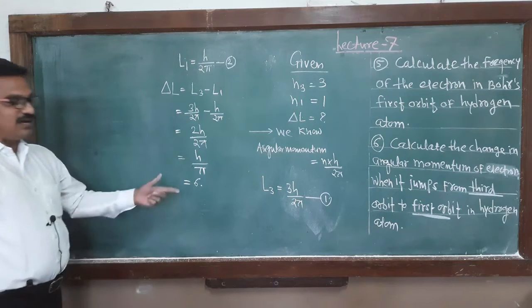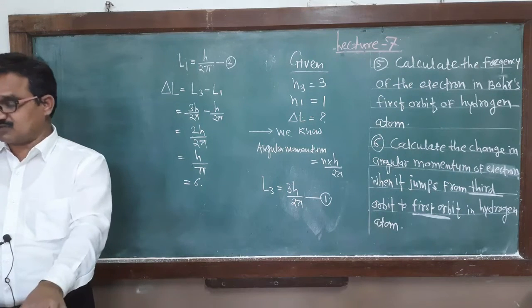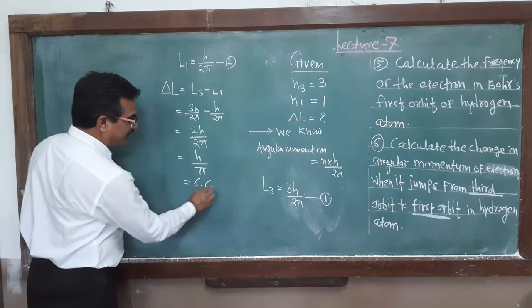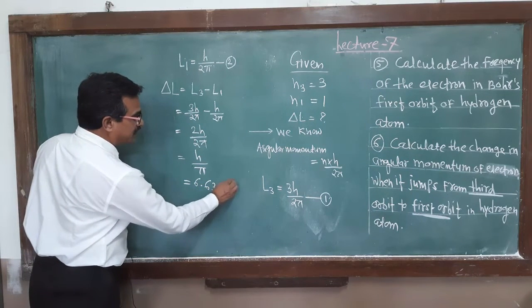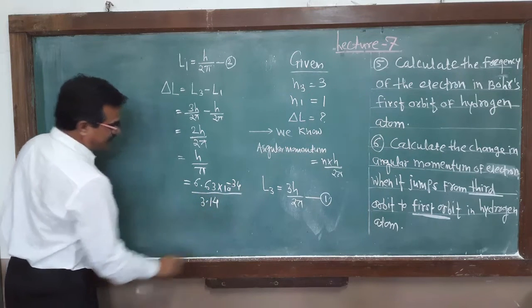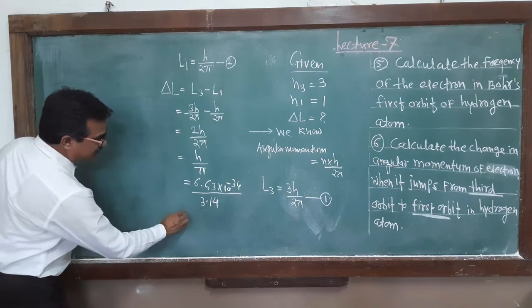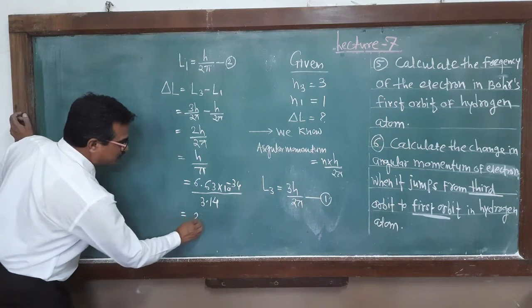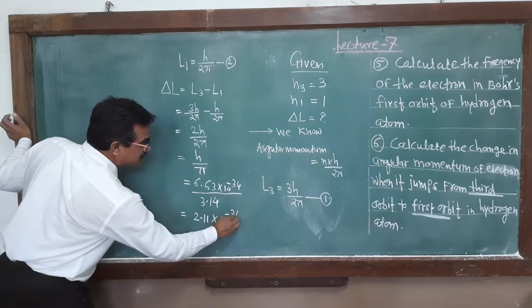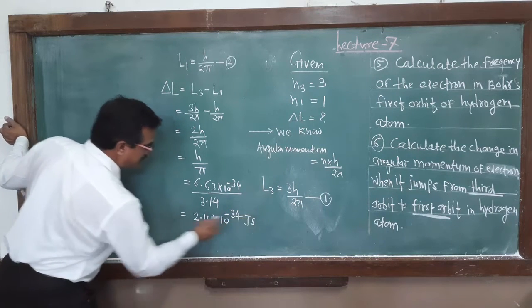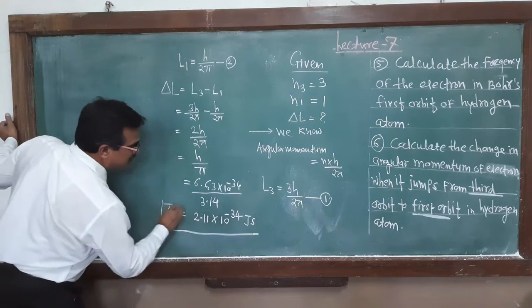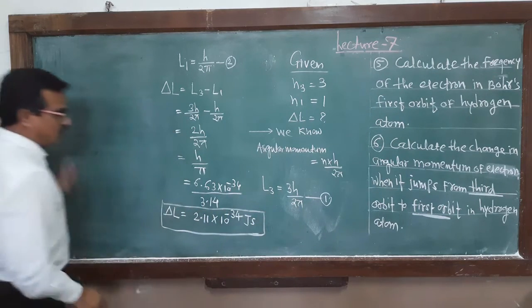The Planck constant is 6.63 into 10 raised to minus 34. And what is the value of pi? 3.14. When we solve this, we get 2.11 multiplied by 10 raised to minus 34 joule second, and this is the change in angular momentum when the electron jumps from a higher orbit to a lower orbit.